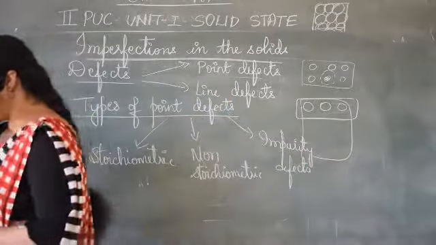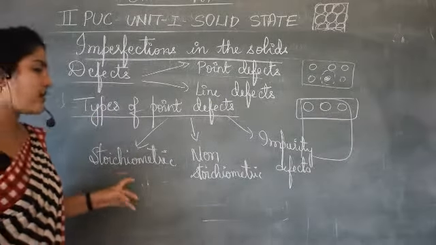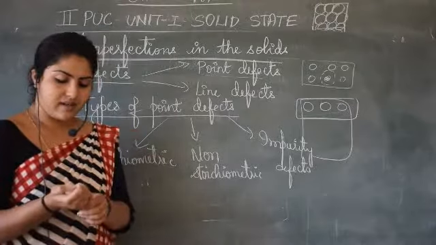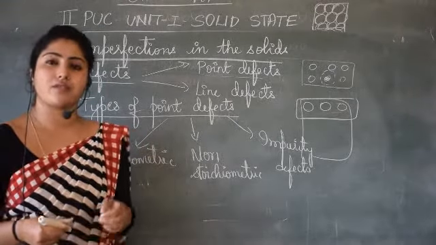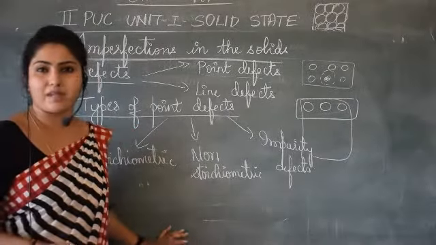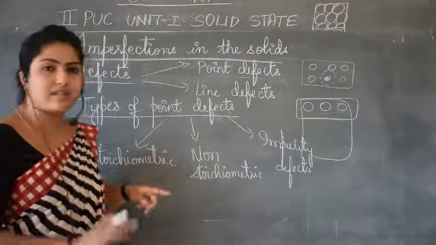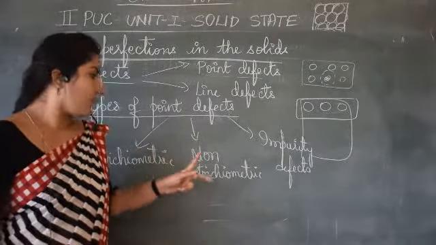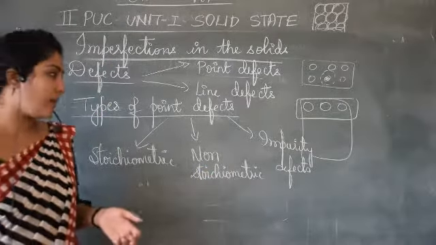Stoichiometric defects means the stoichiometry is not disturbed. Stoichiometry, as we have studied, is based on the calculation of a balanced chemical reaction, or the ratio of the particles present in the solid. Here it doesn't disturb the stoichiometry. Whereas non-stoichiometric defects affect the stoichiometry.